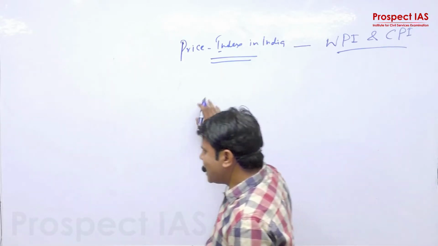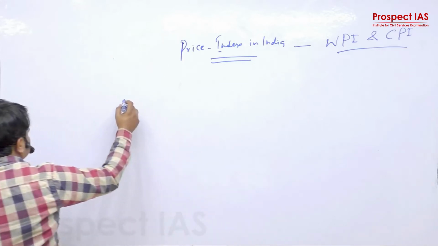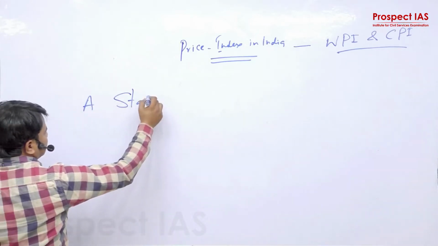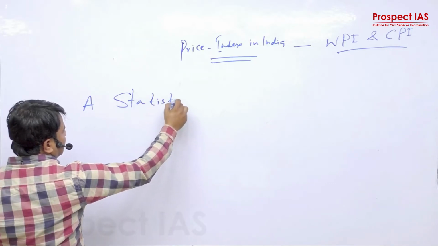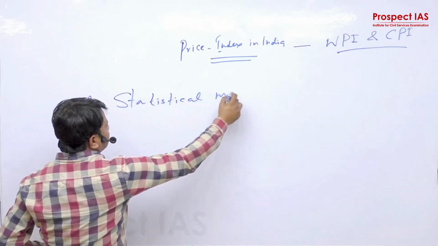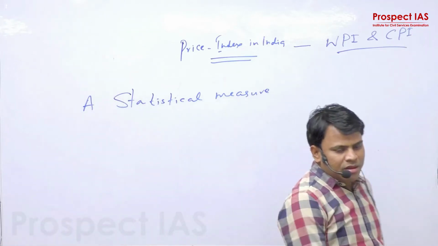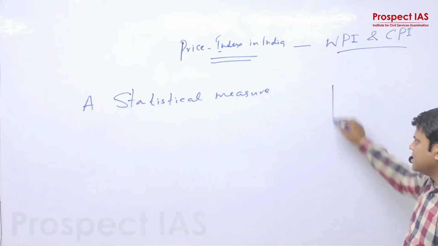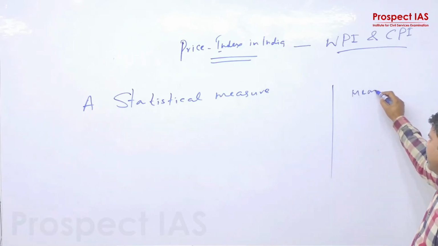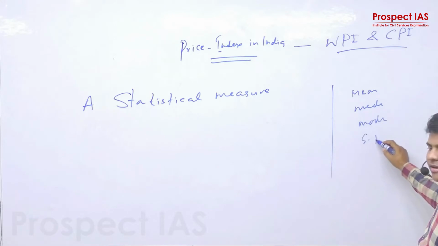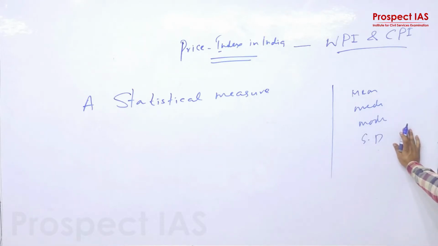So price index is nothing but a statistical measure. You have some statistical measures like mean, median, mode, standard deviation, right? You have studied all these, haven't you?